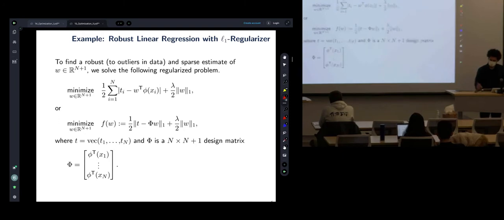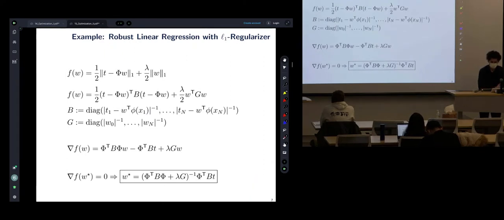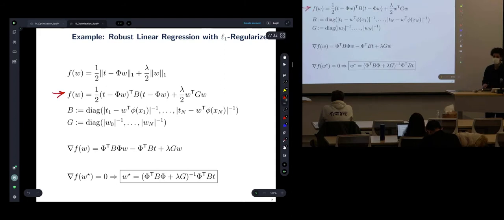So the objective is, when we assemble everything, minimize the same problem instead with the L1 norm. We define the design matrix. How to solve this? This is not least squares. However, we convert the problem to a weighted least squares problem.